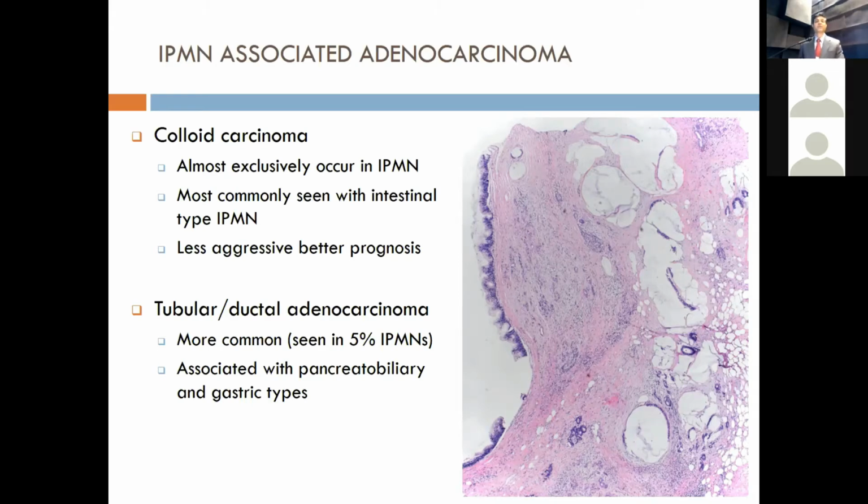The other variant of pancreatic adenocarcinoma, which is called the colloid carcinoma, is much less common, but it is almost exclusively seen with IPMN. One of the features of this tumor is that it has a much better prognosis and is much less aggressive. It is characterized by the presence of these invasive mucin pools, where you can see mucinous epithelial strips floating.